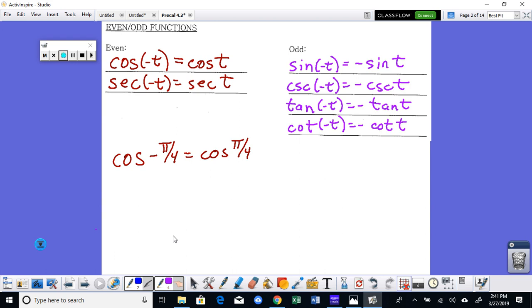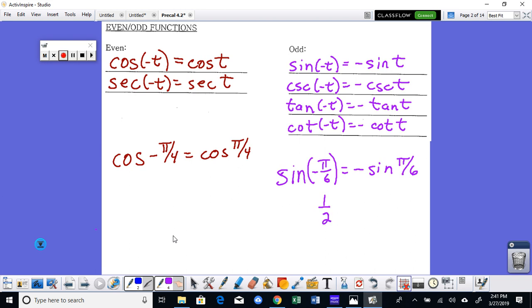So what I'm saying is, if I have the sine of negative pi over 6, it is equal to the negative of the sine of pi over 6. The sine of pi over 6 is 1/2.